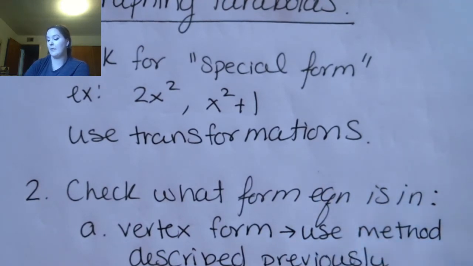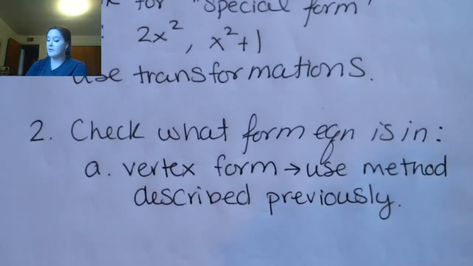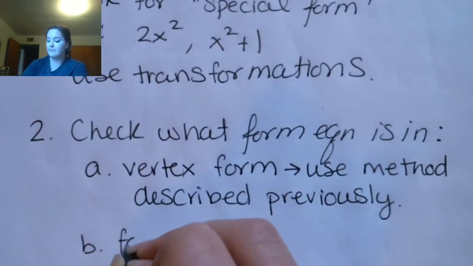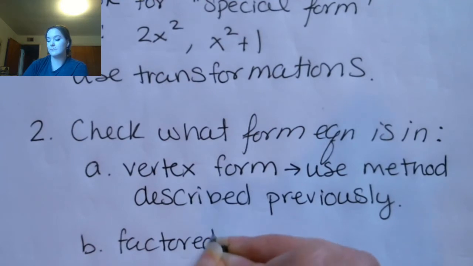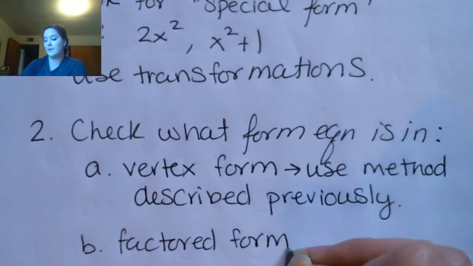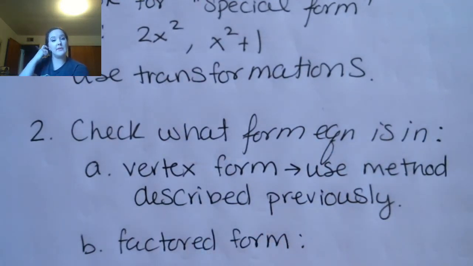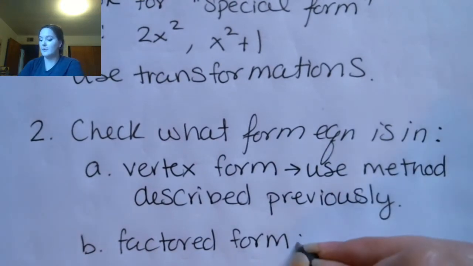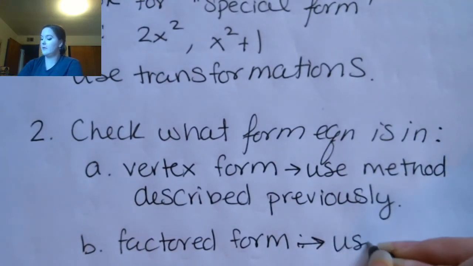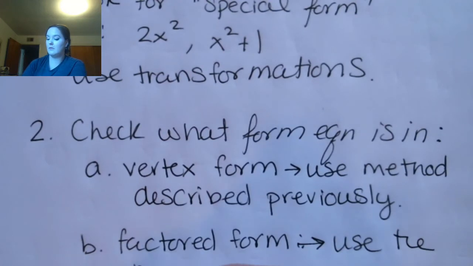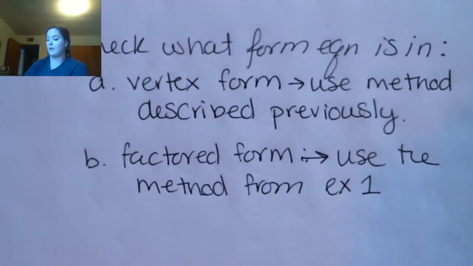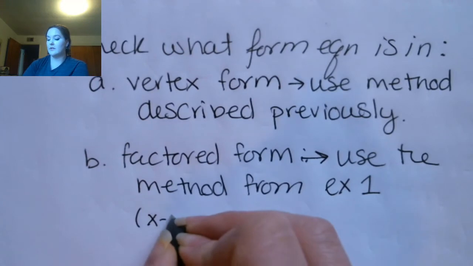If it's in factored form, you're going to use the method that we just described, the one that we used in example 1, the x-intercepts.